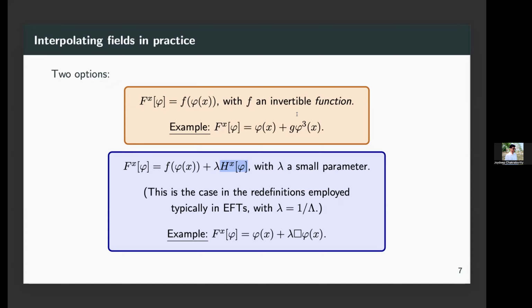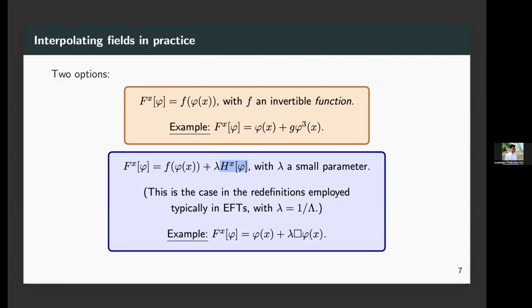And maybe I prefer the second way, which is just the fact that in EFTs we can only do perturbation theory in 1 over lambda. We can never have something in which lambda appears in another way.